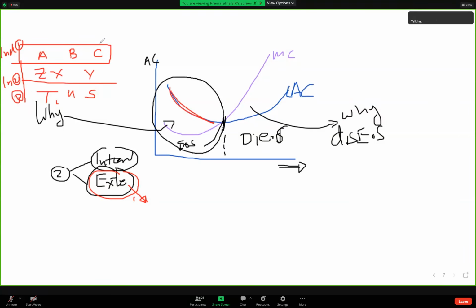Now let's say you have a firm, the B firm. Since you become large, you are capable of introducing new technology, new managerial capacity, those things.